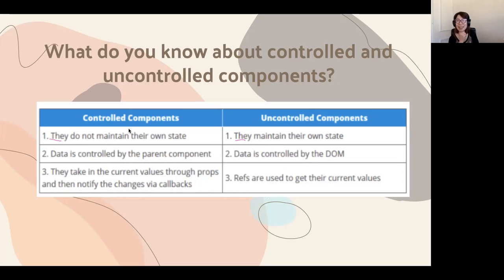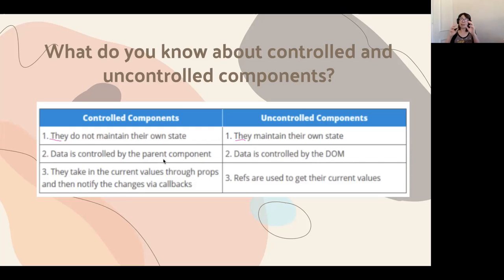Or can anyone tell me, what does "they" refer to? I think it's the DOM element, in this case the inputs. But what does it mean that the data is controlled by the parent component? I think the block might show an example where the parent is holding the state and passing it down.